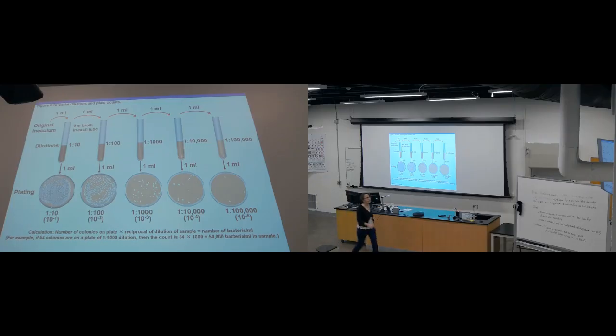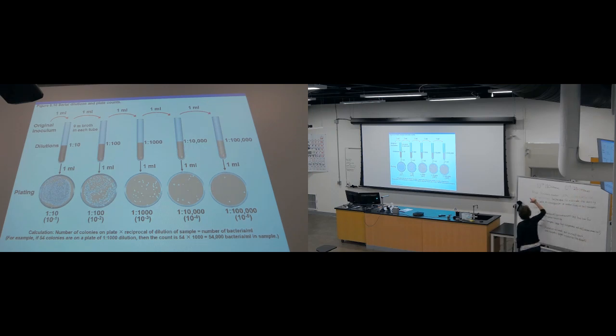So let's say that in your 1 to 1,000 plate, or your 10 to the minus 3, you have 180 colonies. And then in your 10 to the minus 4, you have 28 colonies.